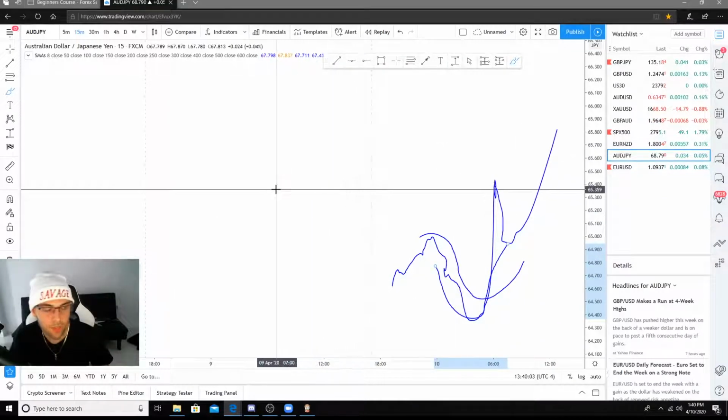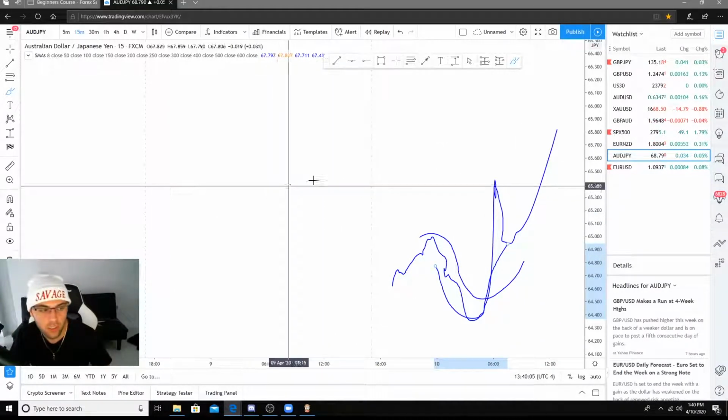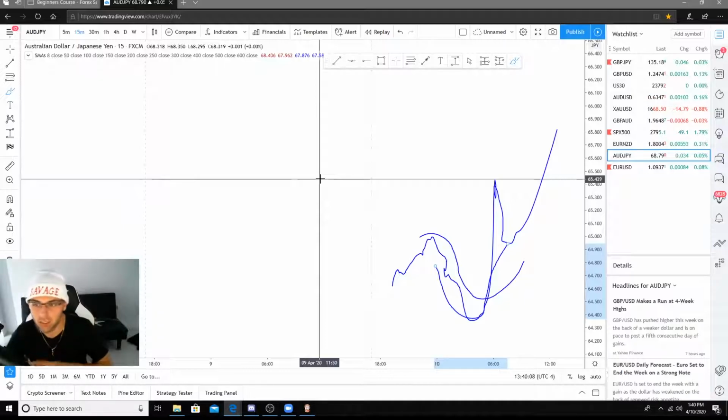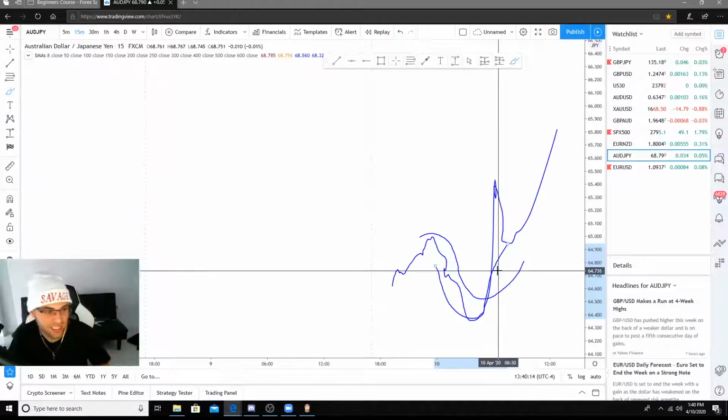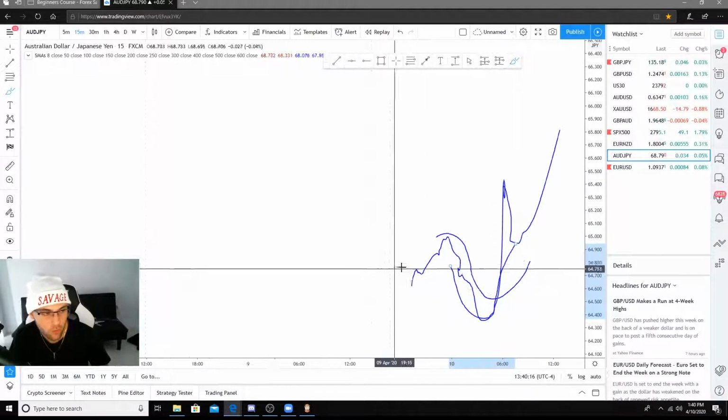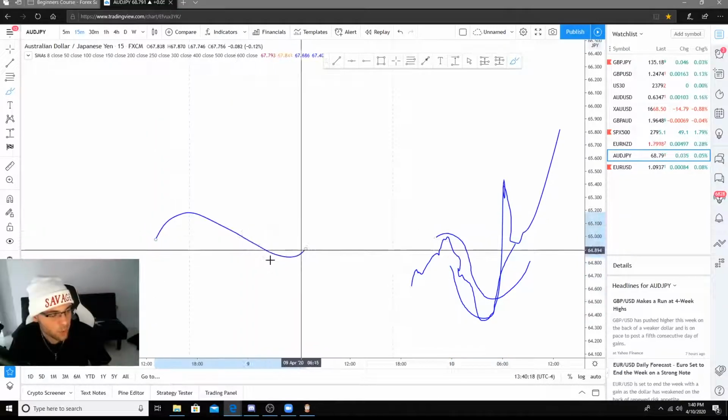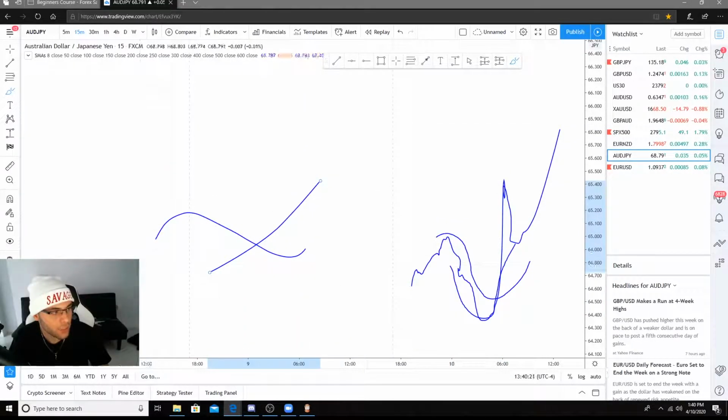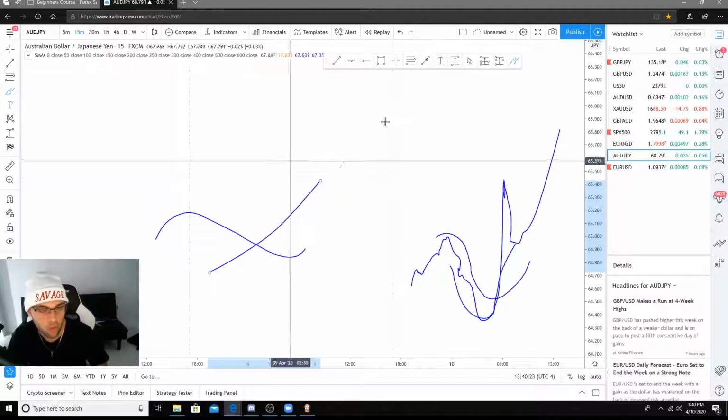So the SMA crossover makes you realize the trend is changing. It went from bearish to bullish instantly. That's what you are looking for when you put them together, the crossover.